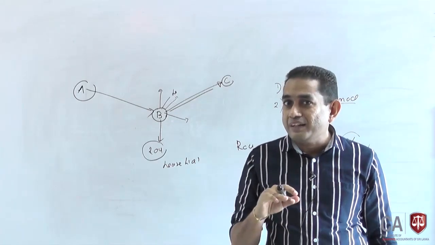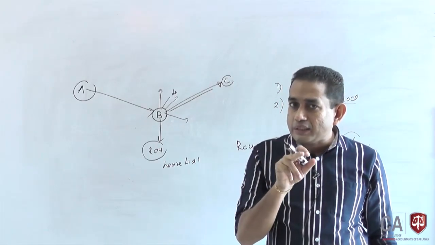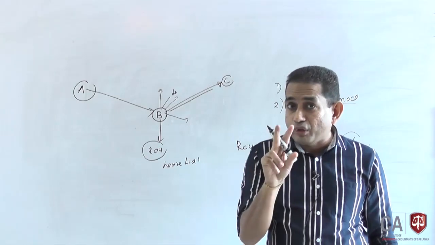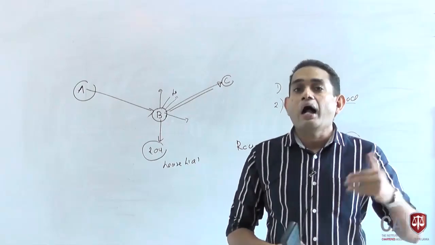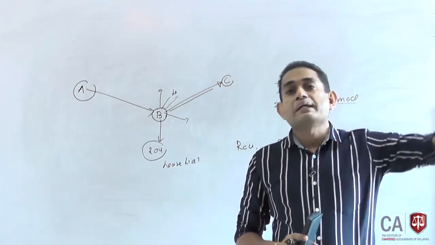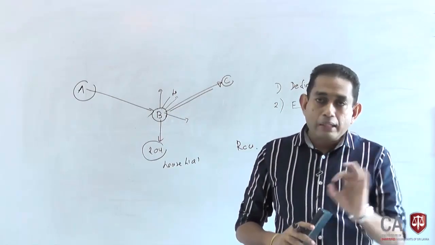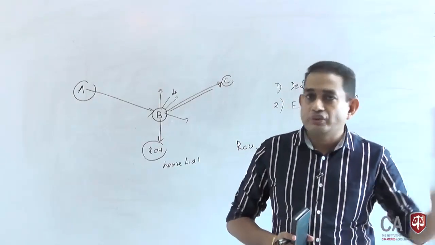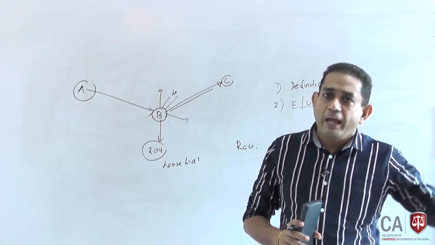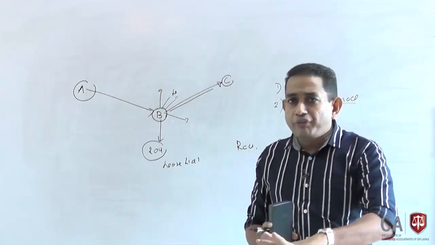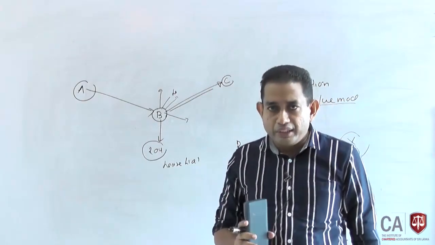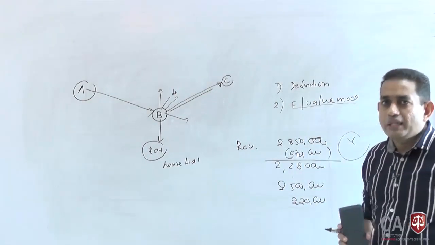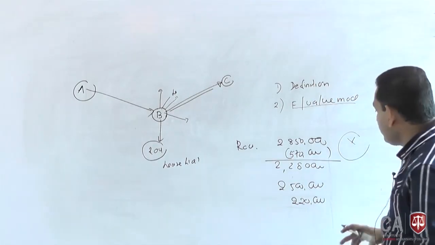Not depreciated. So, if you contrast the revaluation model and the fair value model, there are two differences. Under the revaluation model, gains go to equity. Under the fair value model, gains and losses both go to profit and loss. Under the revaluation model, assets are depreciated. Under the fair value model, assets are not depreciated. So, that is how you differentiate the fair value model from the revaluation model.